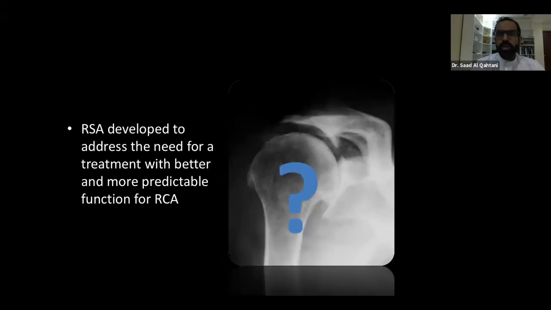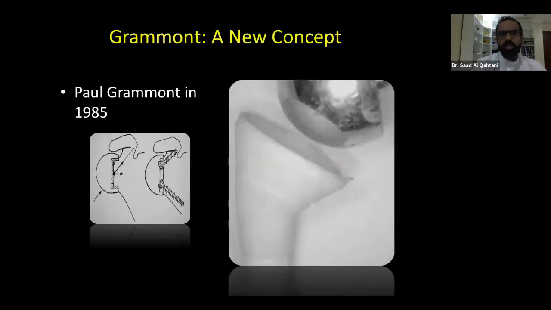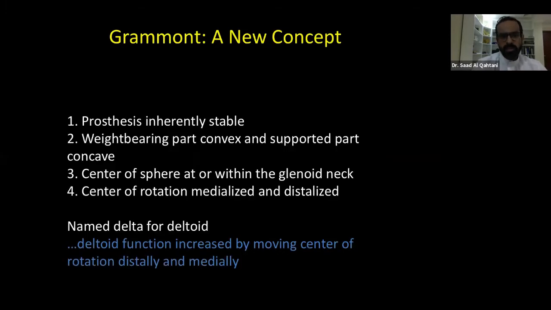So from here, there was the need to develop the reverse shoulder arthroplasty to have a better outcome and a predictable function. There were some trials in the 70s, but unfortunately they all failed until Grammont came with his concept in 1985. His concept basically was to have a prosthesis that is inherently stable.